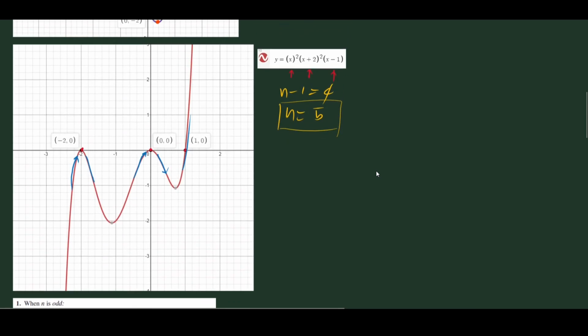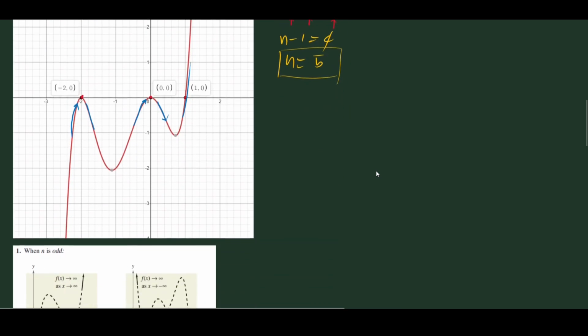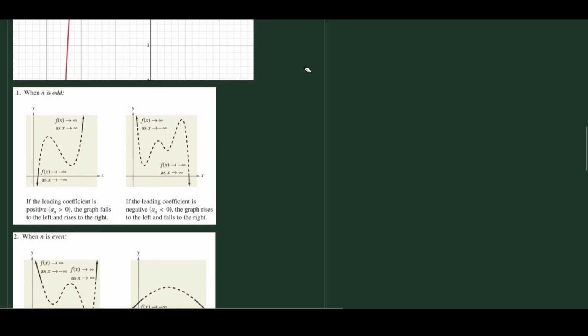So we will use these ideas later in finding the graph in the exercise. Now we also have another observation when it comes to the graph. We can determine the end behavior if we are given our leading coefficient. So when n is odd, so when the degree is odd, and the leading coefficient is greater than 0, then your graph will behave like this.